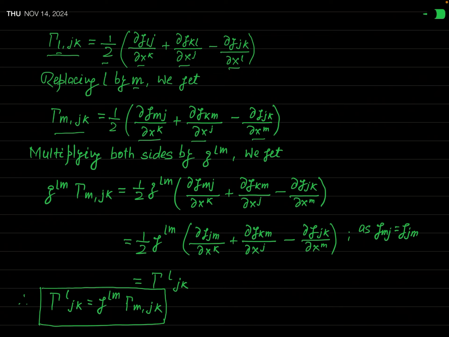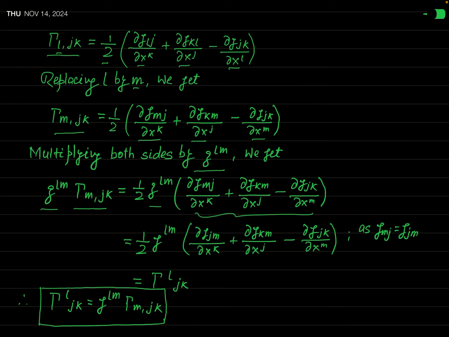Now let us multiply both sides of this expression by the tensor g^lm. So the LHS will become g^lm times Γ_m,jk, and that will be equal to 1/2 g^lm times this much.